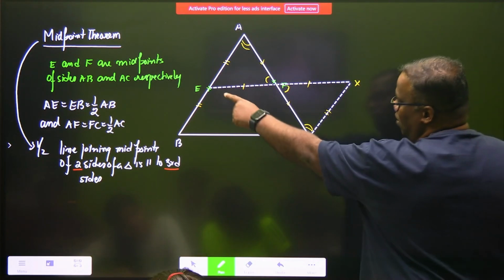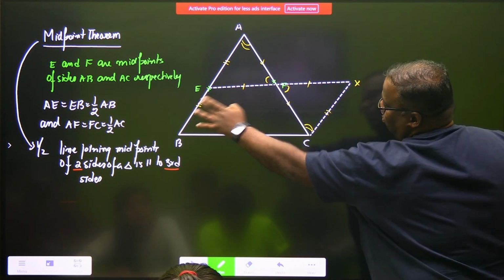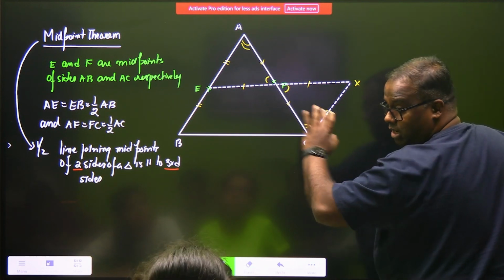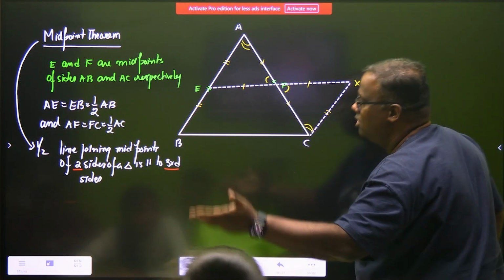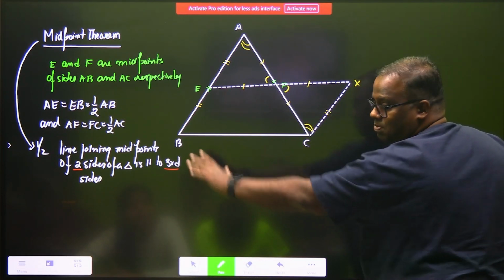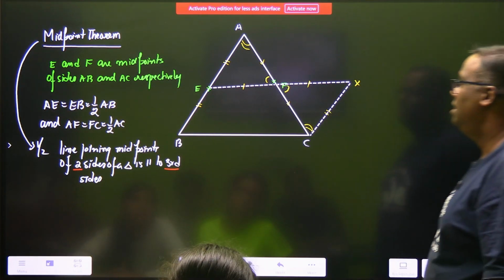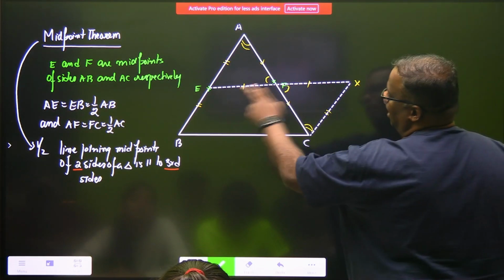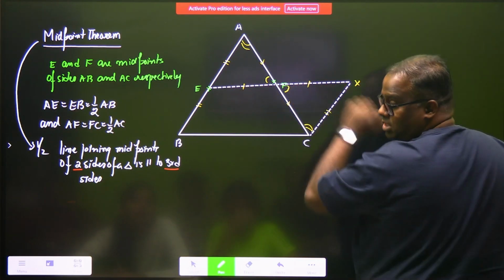That means if you now concentrate on EXCB, then you find that one pair is parallel by construction and is equal by CPCT. So can I not say EXCB is a parallelogram? I can say that. And if this is a parallelogram, then this side is equal to this side.